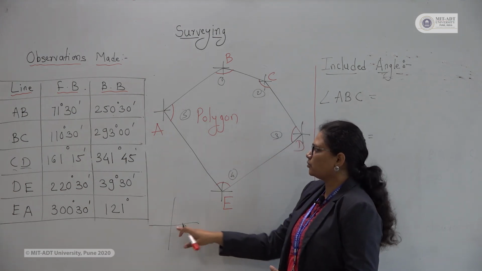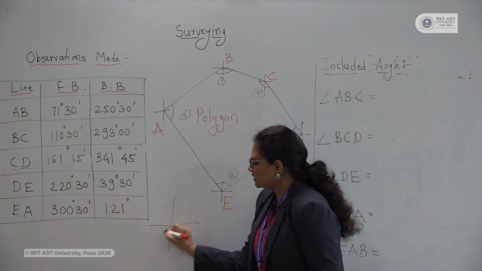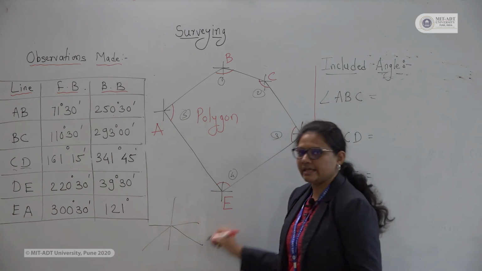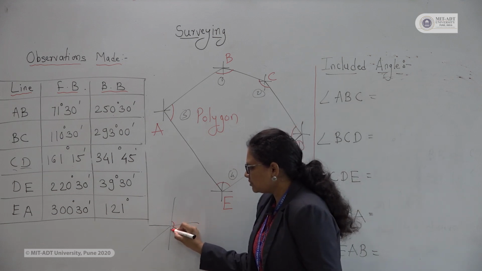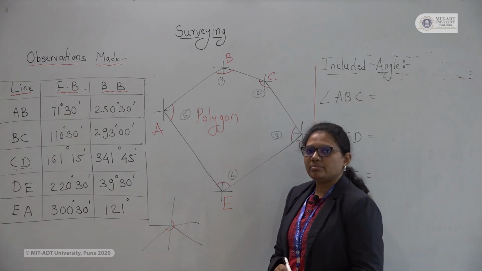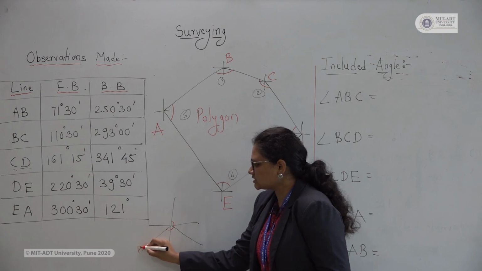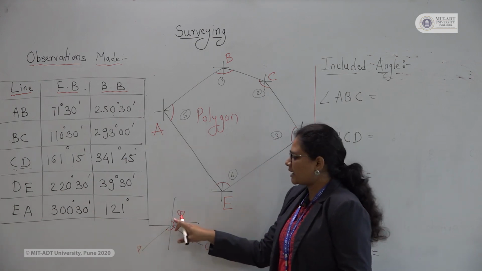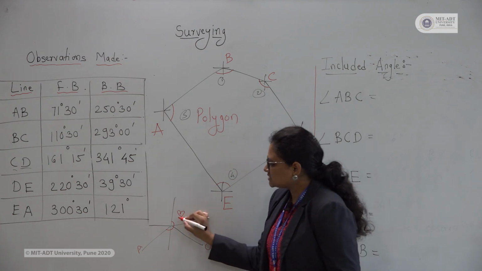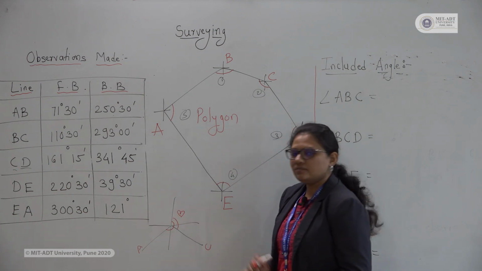This will be our point B. For this point B, we have two different lines, and for these two lines we have two types of bearing. This one will be our back bearing of line AB. This is our point A, this one is B and this one is C. So back bearing of AB, and this will be your fore bearing of BC.